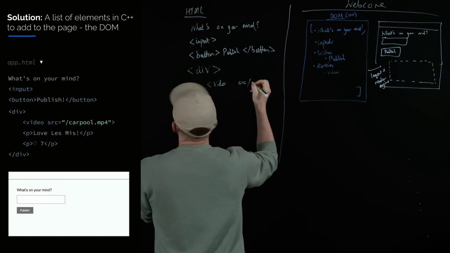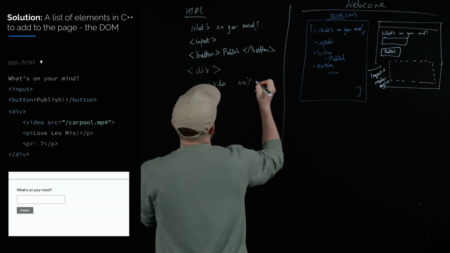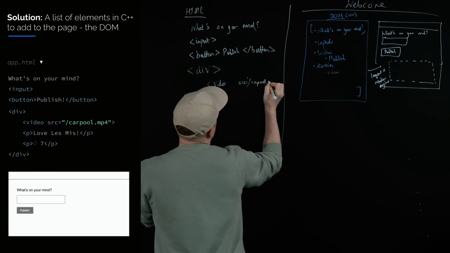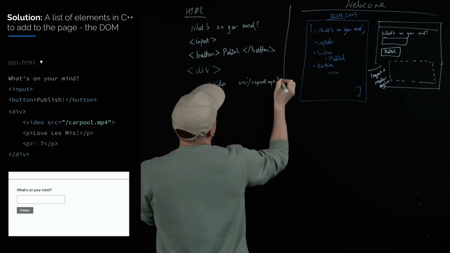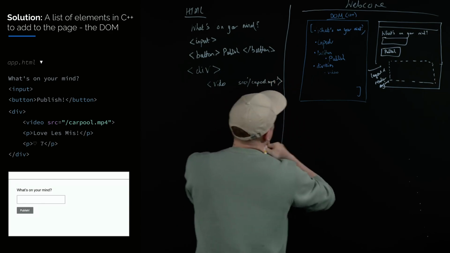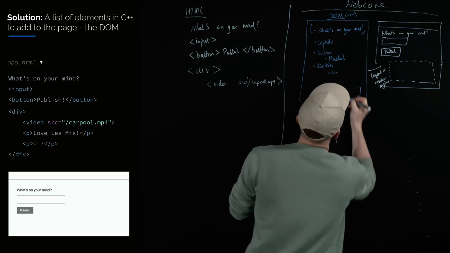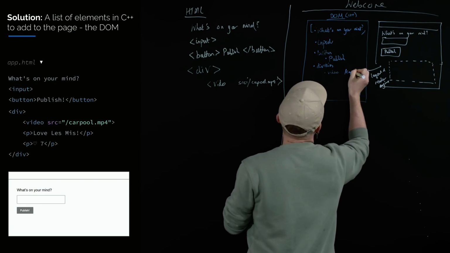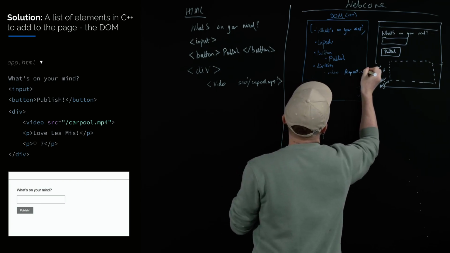Well, where we'll find it, which by the looks of it is going to be on our own machine, on our own computer. And it looks like it's going to be a very interesting video of carpool karaoke. How dull. And there it is, added to the list of elements with the URL, with the exact link to it.